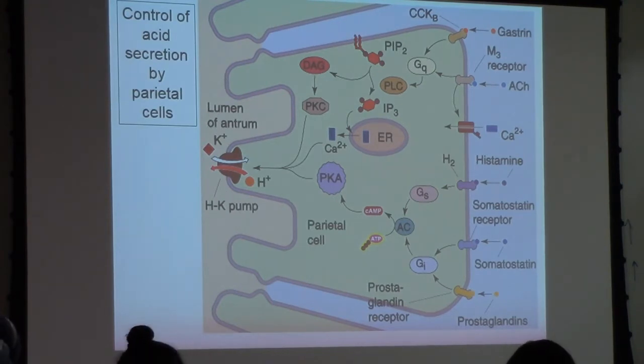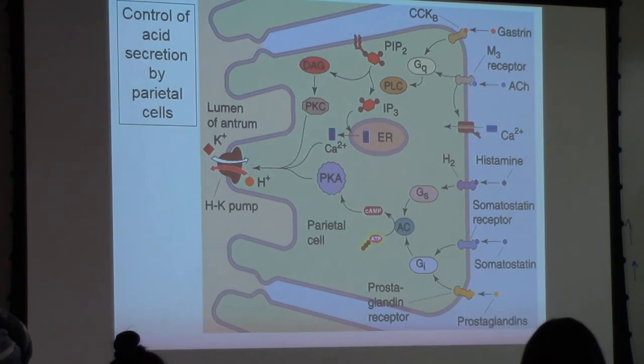I'm not even walking through this one because this one is so second nature to you by now. You know it by heart, forwards and backwards. So here are the stimulatory receptors: gastrin receptor, acetylcholine receptor, histamine receptor, that through GQ or GS, through PKC or PKA, increases gastric acid secretion.